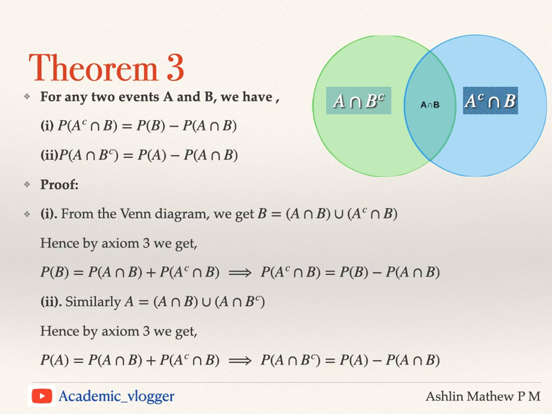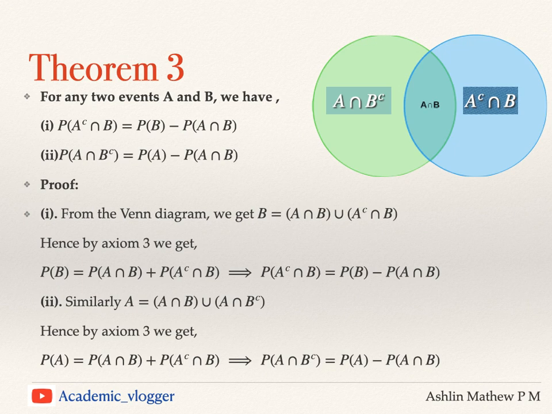For any two events A and B, we have the probability of A complement intersection B is equal to the probability of B minus the probability of A intersection B. That is visible from this Venn diagram itself: the green circle is A and the blue circle is B. In the B part, A intersection B is there, and A complement intersection B is there.